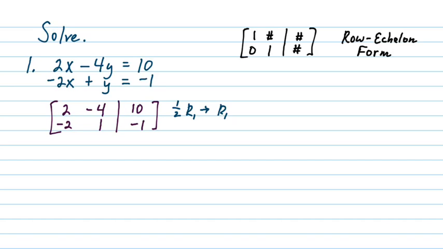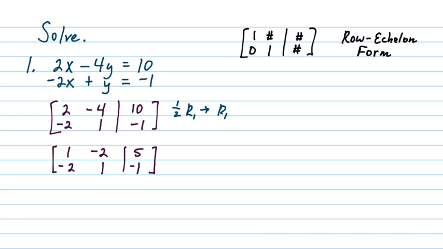So we're going to do 1/2 times row 1, and that'll become the new row 1. Notice I've written in row 2 because that's not going to change. So 1/2 of 2 is 1, half of -4 is -2, and half of 10 is 5.